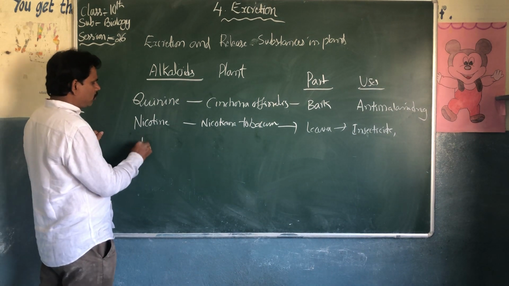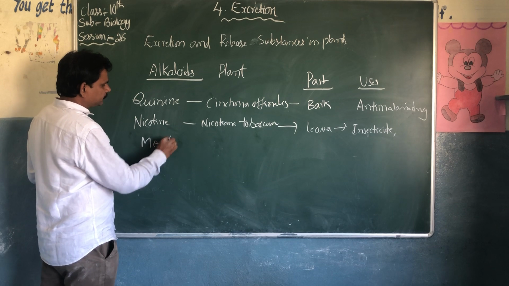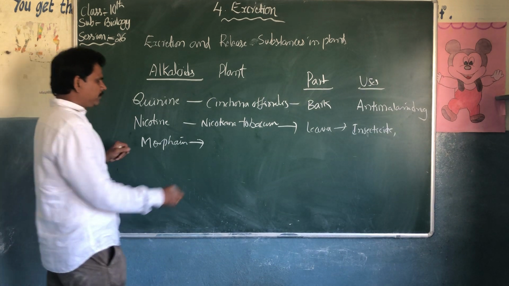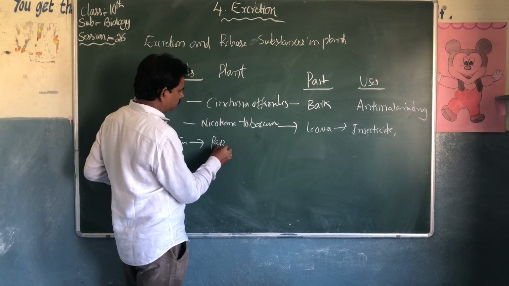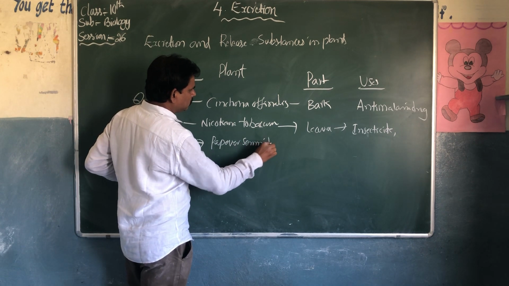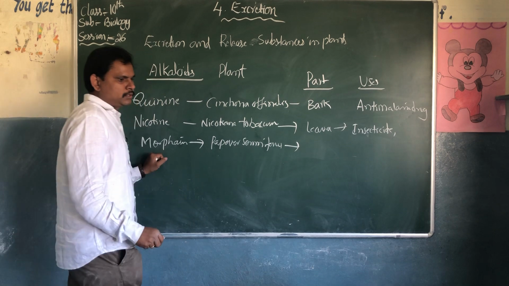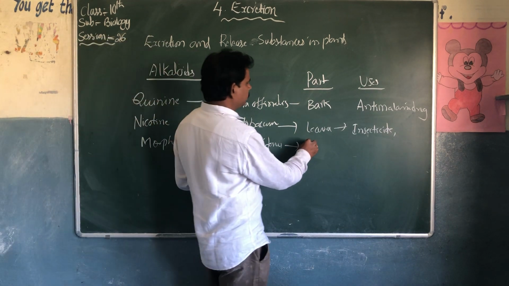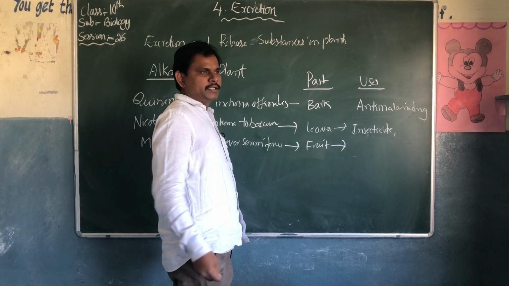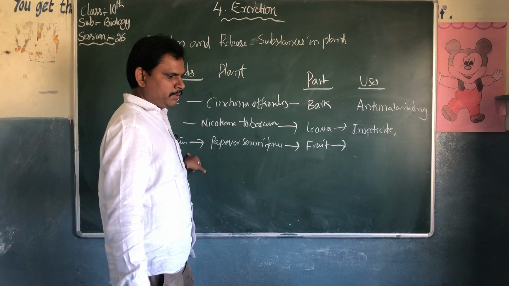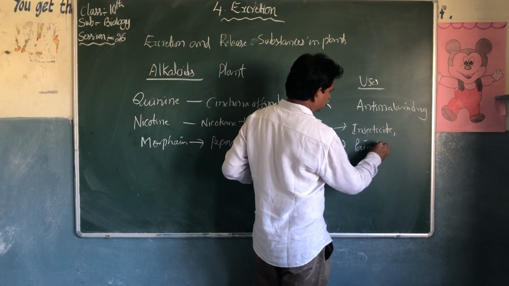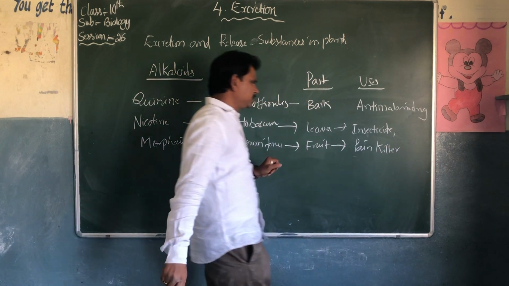Next one is morphine, from Papaver somniferum. Part: fruit. Morphine is a medicine used as a painkiller.